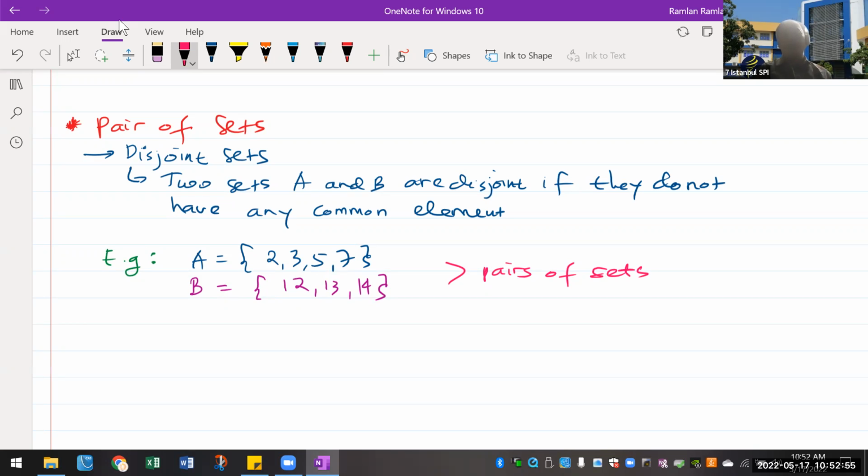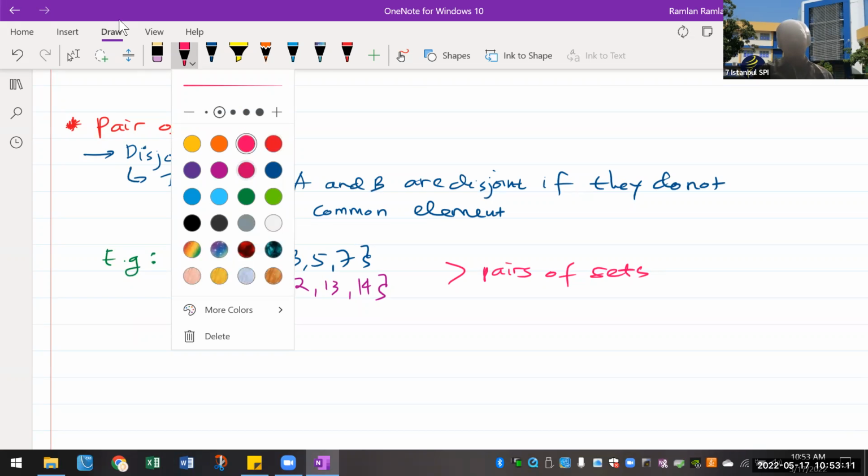And if I want to know what's the connection between these two, they are disjoint. Why? Because we don't see any elements that are the same in A and B, right? A is 2, 3, 5, 7. B is 12, 13, and 14. They don't have any common element. Okay, so I'm gonna write down the conclusion for these two sets.